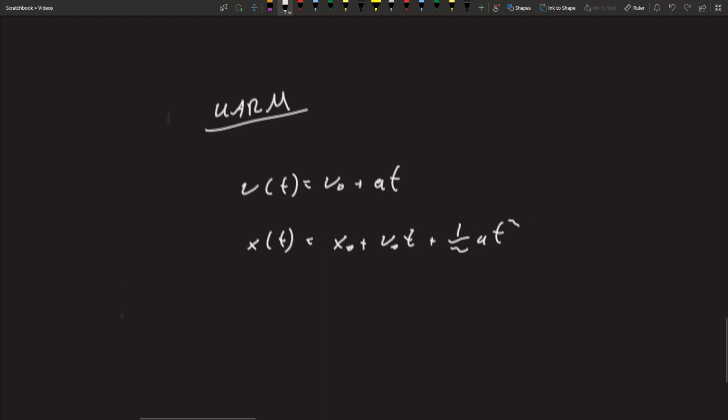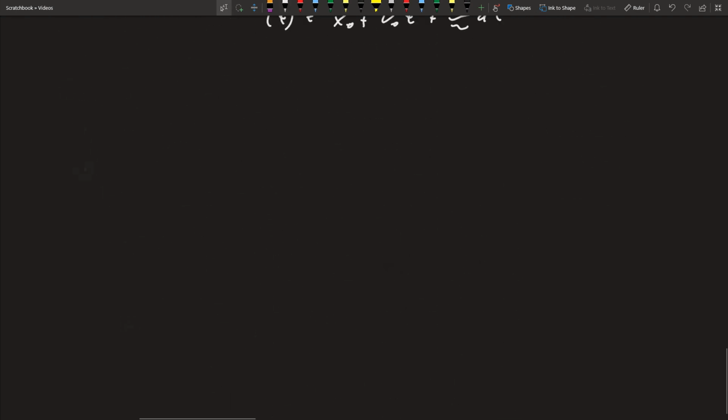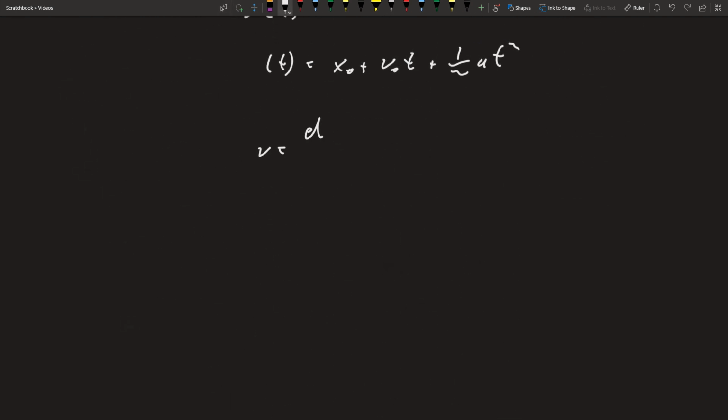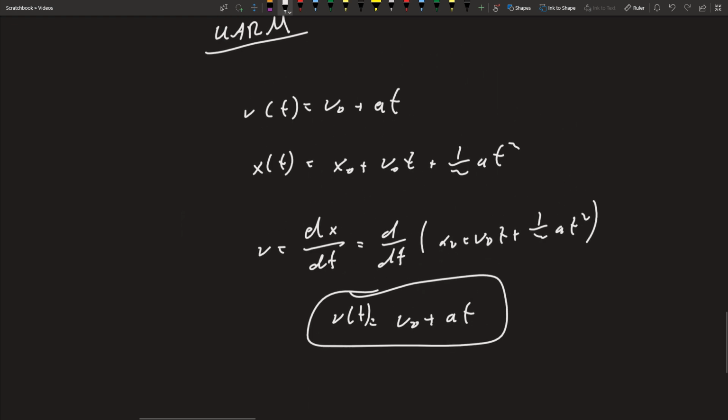Now, we can derive this equation from this one, because the velocity is the derivative of the position with respect to time. So it's the derivative of x0 plus v0t plus half a t squared. Derive that to get v0 plus at. This is v of t equals v0 plus at, so we have derived this equation from this one.